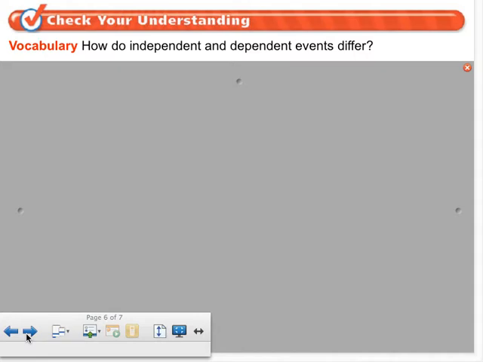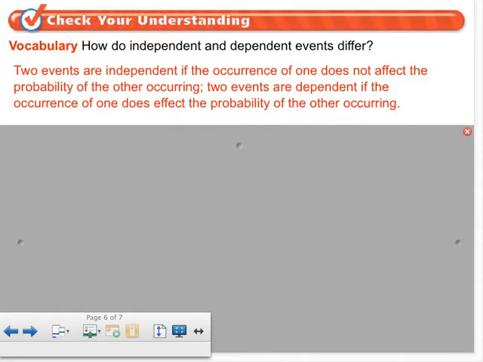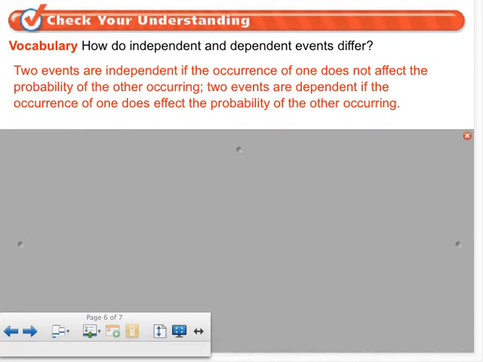For independent events, the probability of one event doesn't affect the probability of the other event. For dependent events, it does. Like when we took a card and didn't replace it, it changed the number of possible outcomes, so that changes the probability. Here's what the book gives us: 2 events are independent if the occurrence of one does not affect the probability of the other occurring. 2 events are dependent if the occurrence of one does affect the probability of the other occurring. That's basically what Gabby said. Very good.